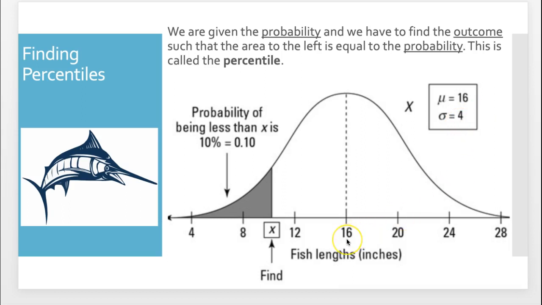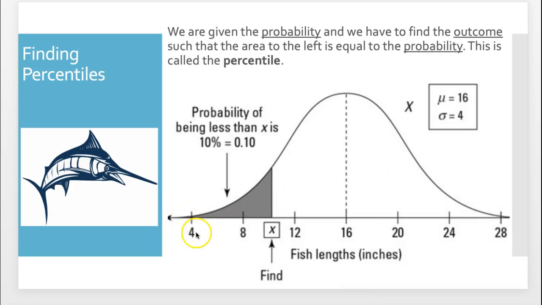Of course the center of this distribution is at the mean, 16. And we have 1 standard deviation away, 2 standard deviations away, 3 standard deviations away. So we get more or less the gist of the typical lengths for the fish we should expect to see, and what's maybe not so typical.